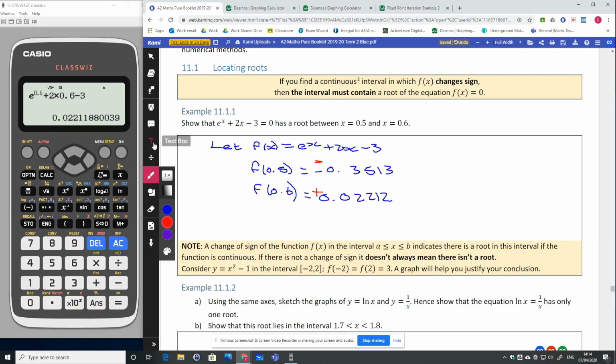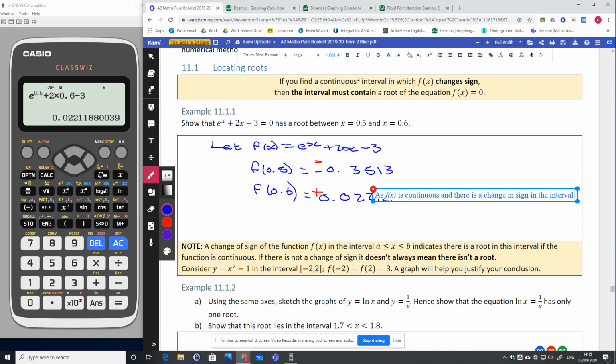So the sign has changed over that interval, and because we know that our graphs e^x and 2x minus 3, even though we might not be able to picture this exactly, if we split it down into those two areas, because basically it is those two functions added together, we know that there are no vertical asymptotes for these functions, therefore we know we're continuous, so we can write our conclusion.